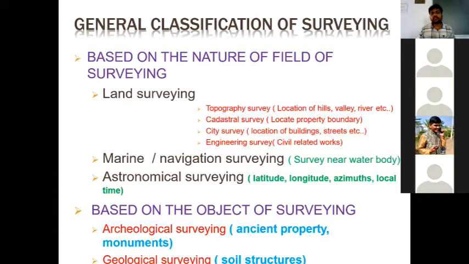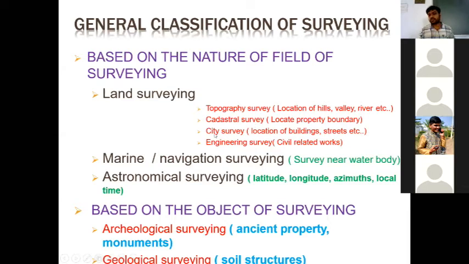For that, he requires the cadastral survey. The cadastral survey gives the proper boundaries, and we can have the proper division of the property.